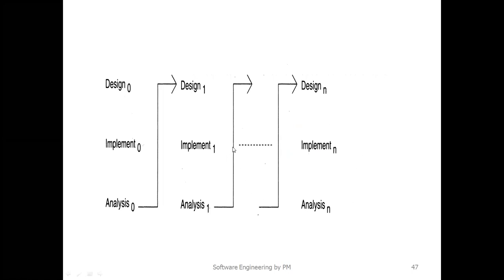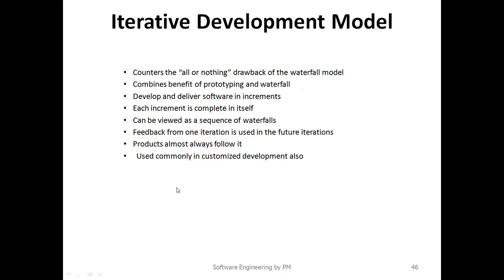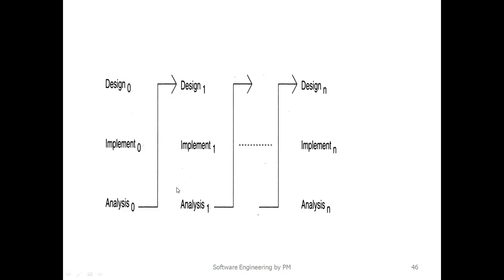This picture will explain to some extent what this iterative model is. The basic idea in this model is that the software should be developed in increments. This is one increment. From here, you go to the next increment.